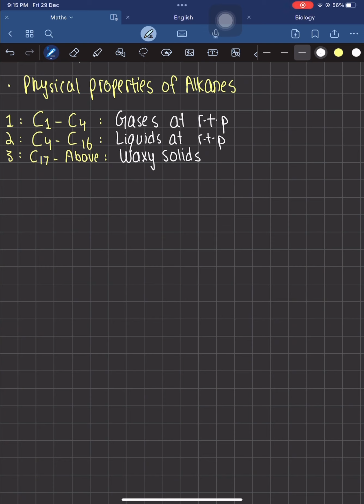Now the fourth property is that alkanes are water insoluble. Amazing, right? But they are soluble in one thing. What is that?